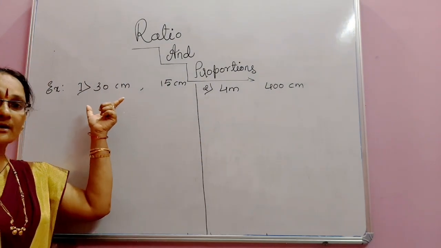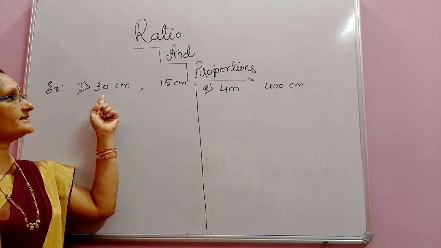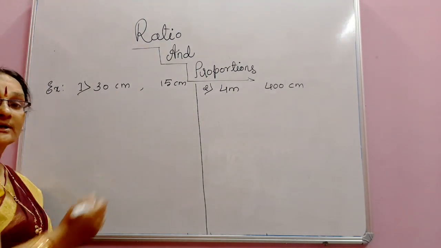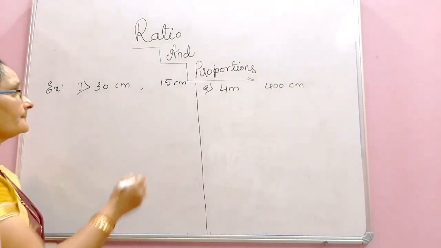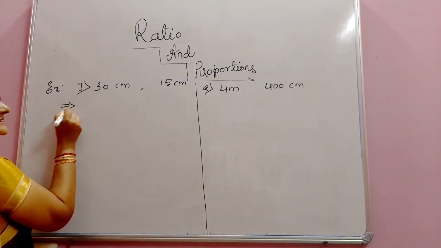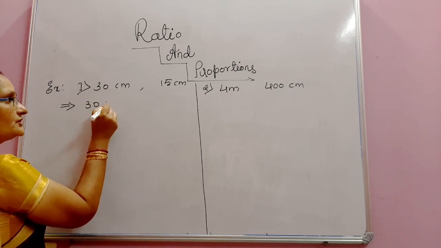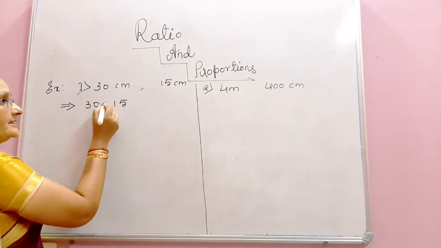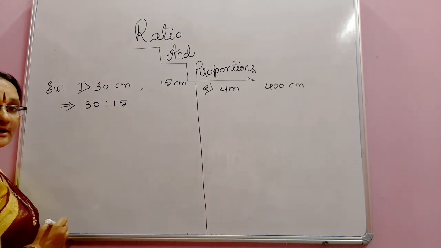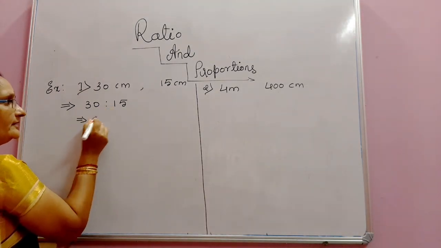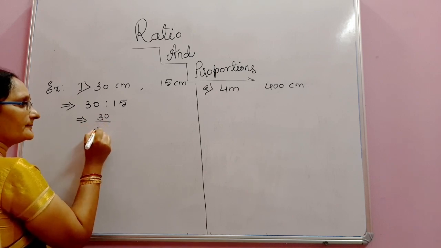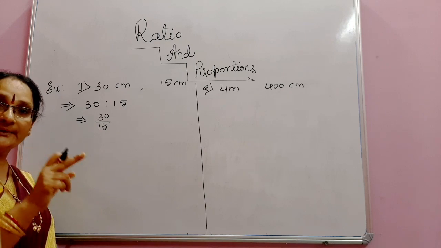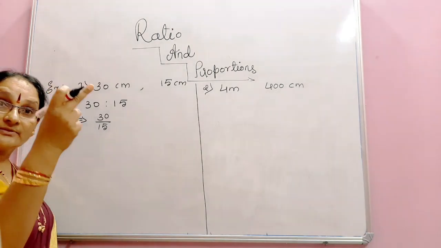See here, example 1, 30 centimeter and 15 centimeter. According to the definition of ratio, this implies 30 is to 15. The word is to is the symbol of ratio. This can be written in the form of a fraction, because ratios can be written in the form of fraction.